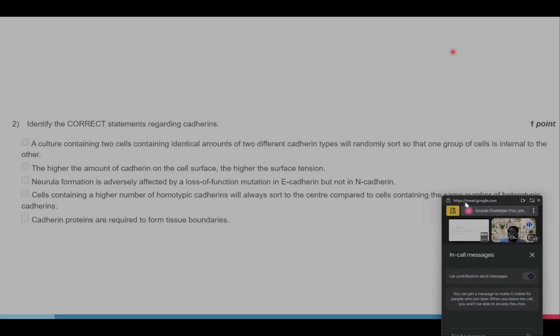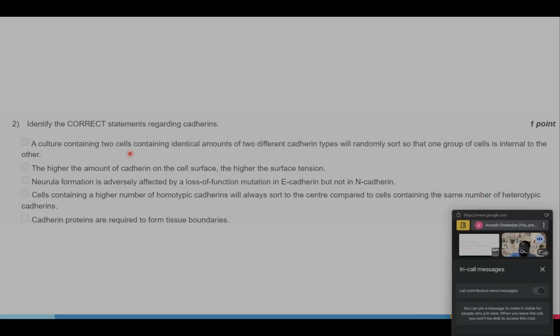The options are: a culture containing two cells containing identical amounts of two different cadherins, say N cadherin or E cadherin, will randomly sort so that one group of cells is internal to the other. The higher the amount of cadherins on the cell surface, the higher the surface tension.